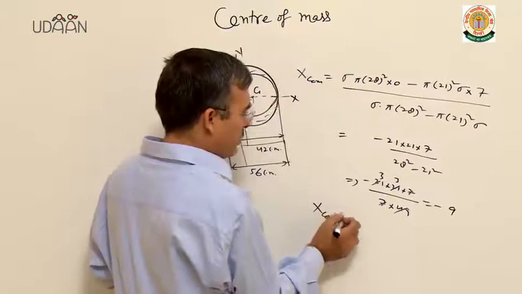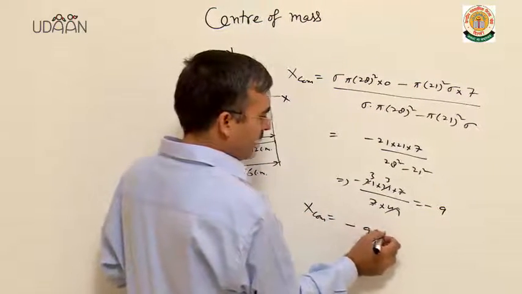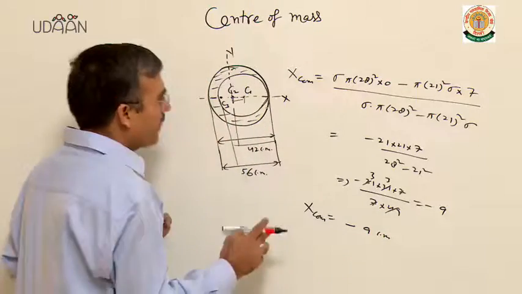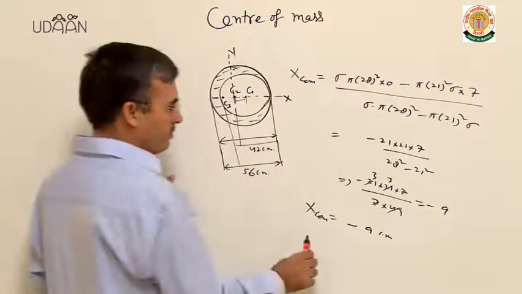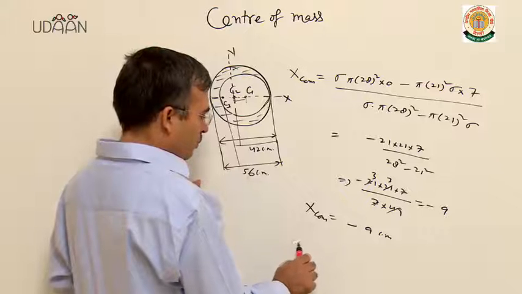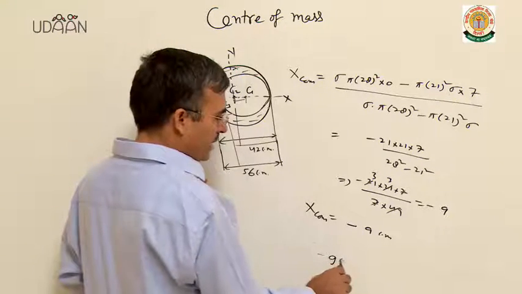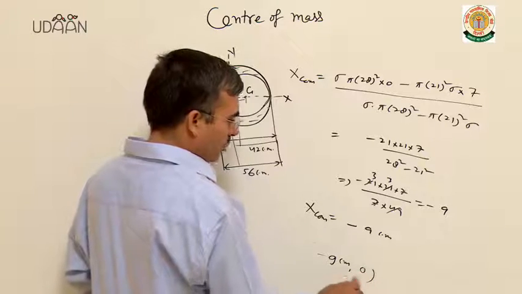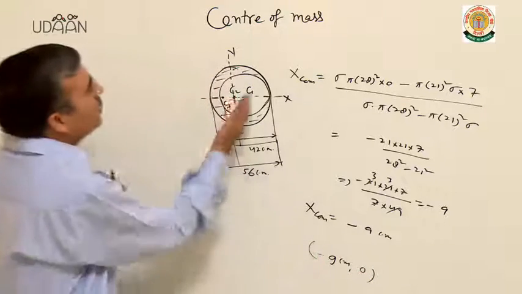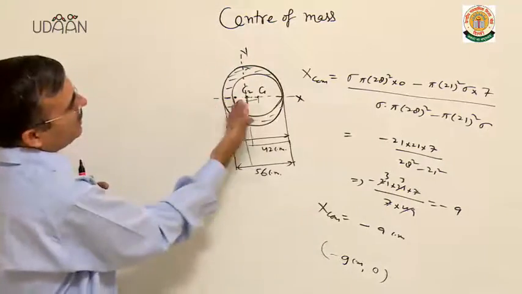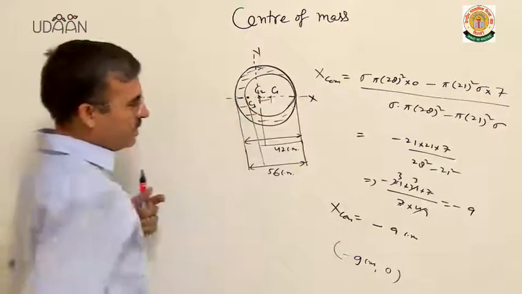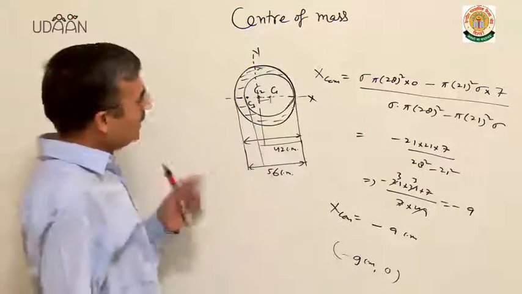So x com of the residual part will be minus 9 centimeter, y coordinate will be 0. The position of the residual part will be minus 9, 0. So the center of mass of the residual part has shifted this side by 9 centimeter from the complete. Clear? Okay.